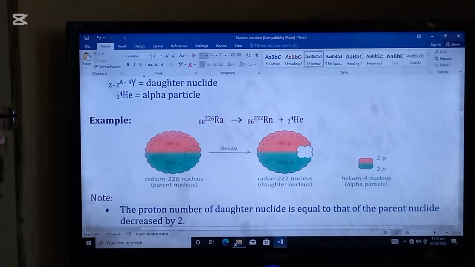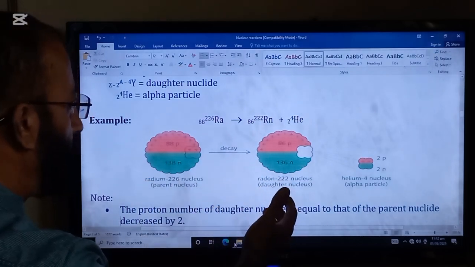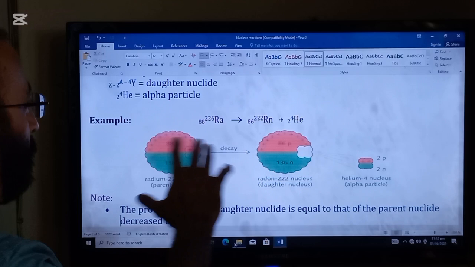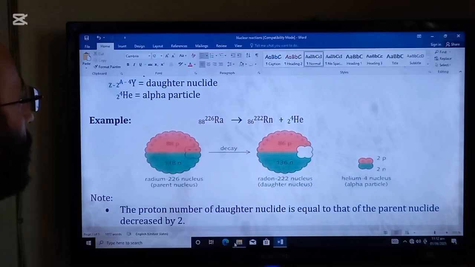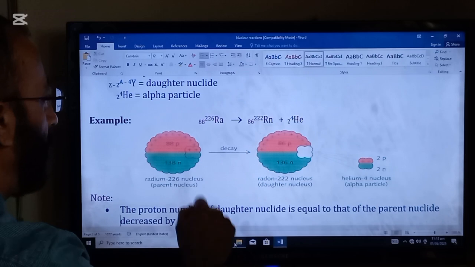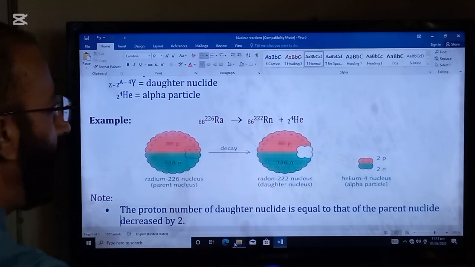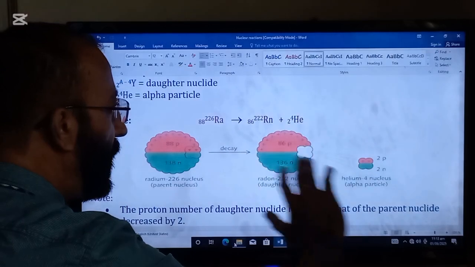An example is when radium is going into decay through an alpha particle, the proton number will be decreased by 2, the nucleon number will be decreased by 4, and an alpha particle will be emitted.